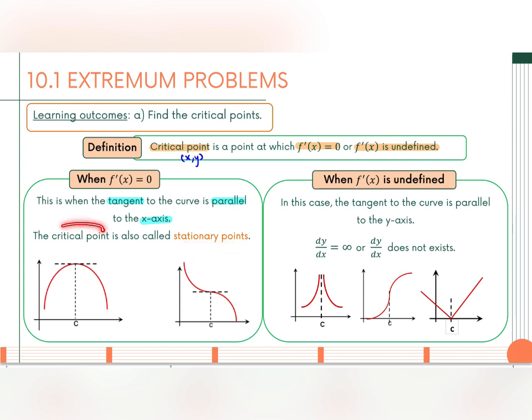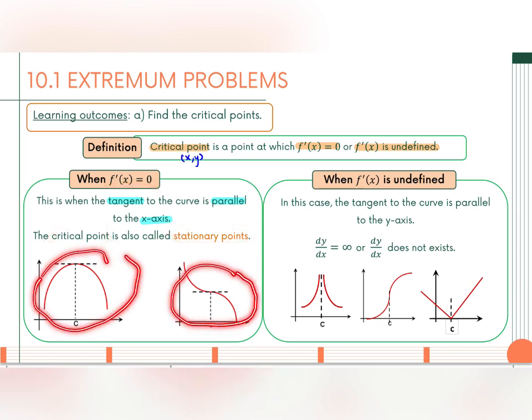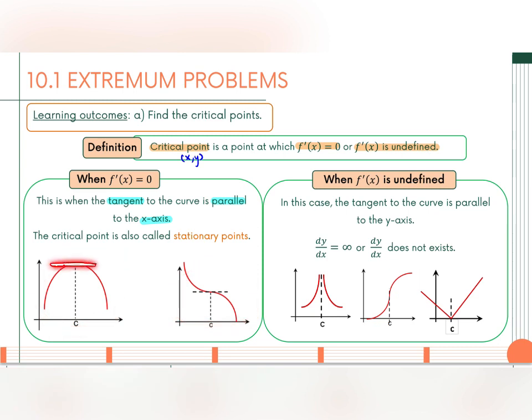So the critical point when f prime x is equals to 0 is what we call as stationary points. Dan ini adalah contoh gambar rajah apabila f prime x is equals to 0. So nampak tak, kita punya tangent is parallel to our x-axis. So bila kita punya tangent parallel to x-axis, automatic our dy over dx ataupun f prime x will be equals to 0. Okay, so ini yang pertama.